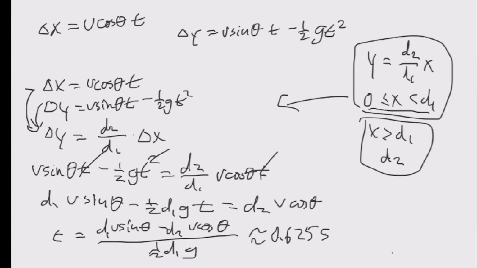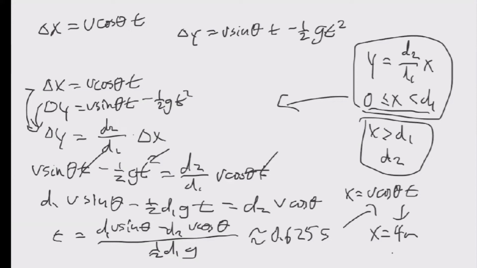Let's check that. What is our x? x is just v cosine theta times t. And if you plug this in, you'll get an x of 4 meters, which is less than d1. So our initial assumption was correct, and this is just our solution to the system.